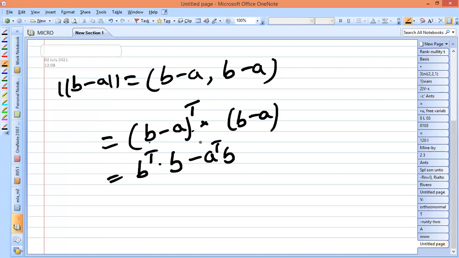So here we can write minus B transpose A, and minus into minus becomes plus A transpose A.